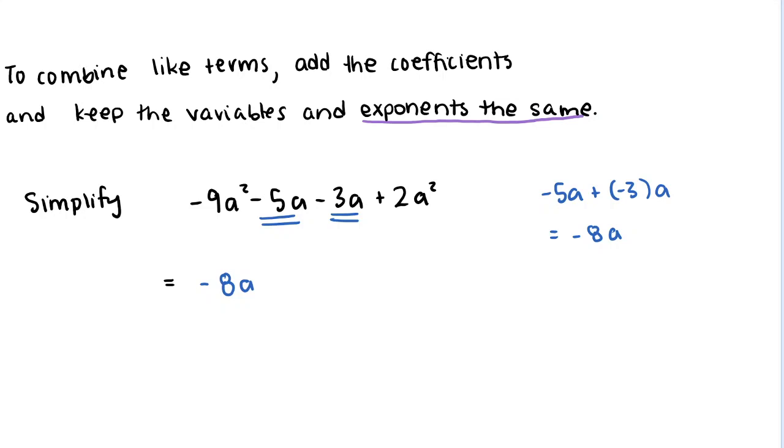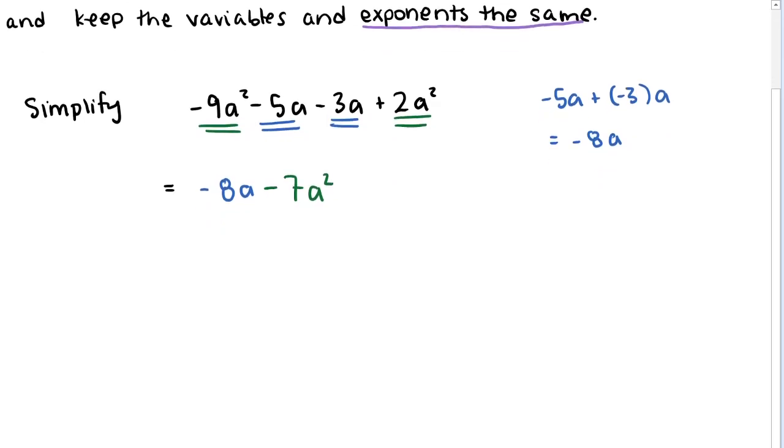And then next we have these two like terms, 9a squared and 2a squared, right? They have the same variables, they have the same exponents. And again, we just add their coefficients, 9 plus 2, and so this comes out to be 7a squared.